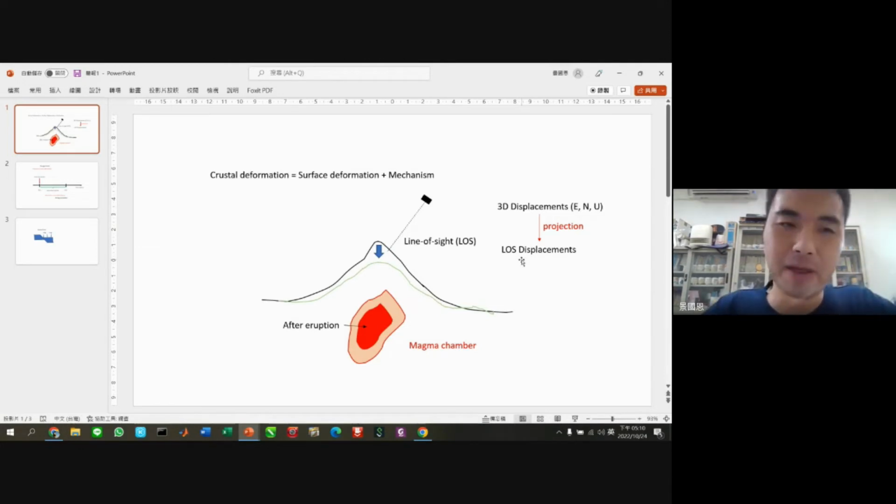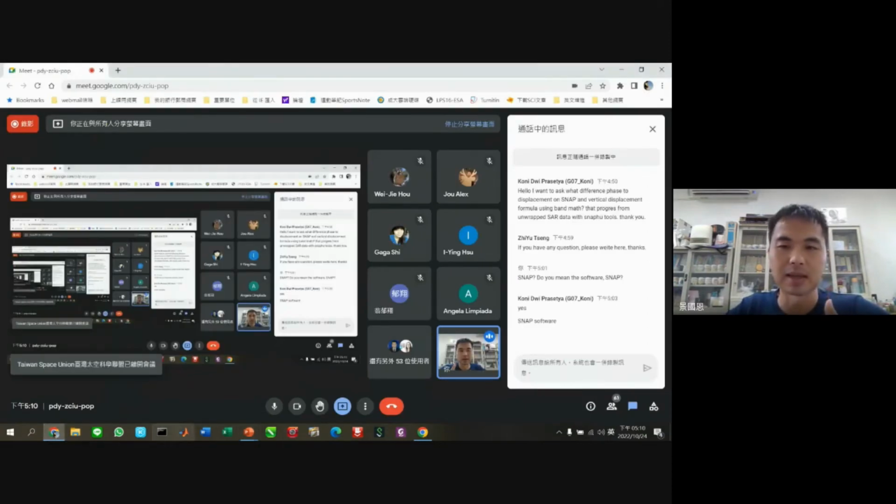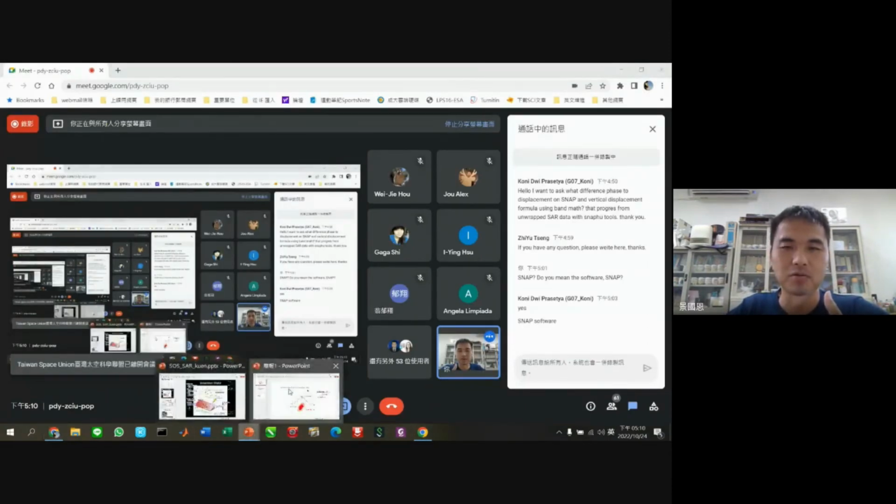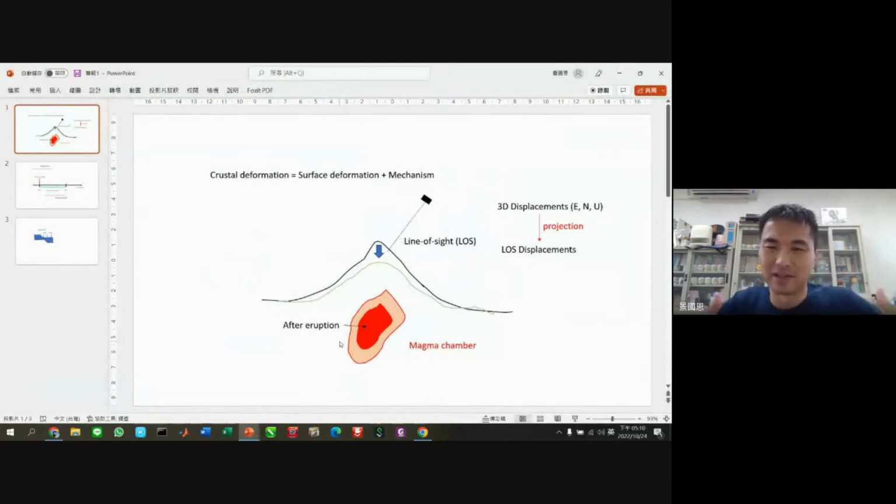I know maybe you already learned some techniques to try to convert line of sight into three-dimensional displacement or two-dimensional displacement. So you may have learned that if we have ascending and descending line of sight displacement in the same area, then we could calculate based on the projection.